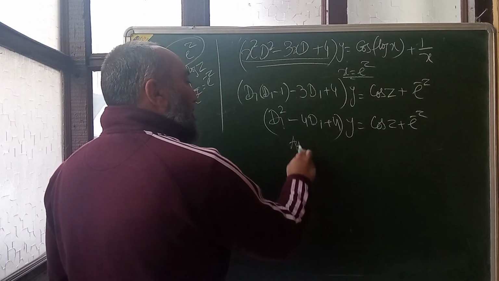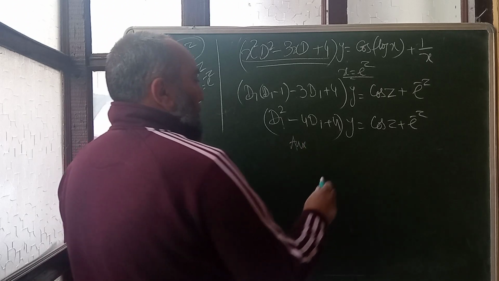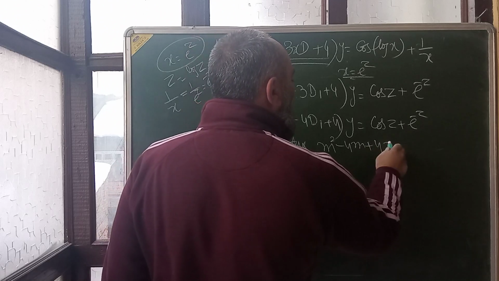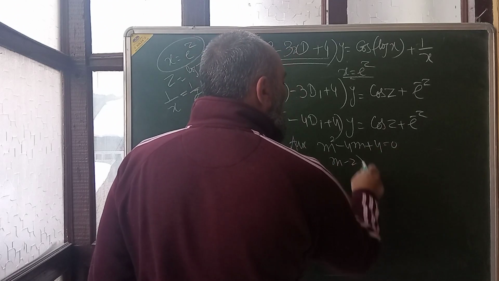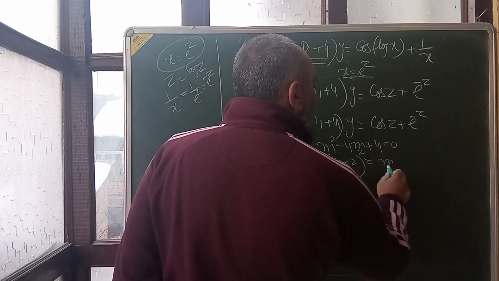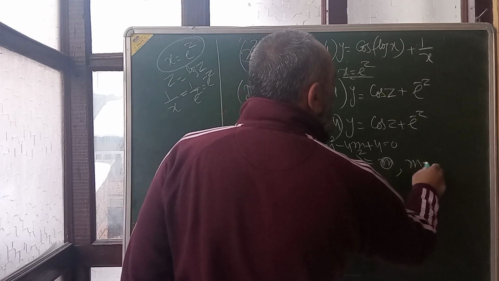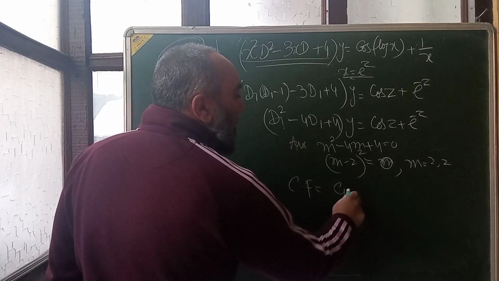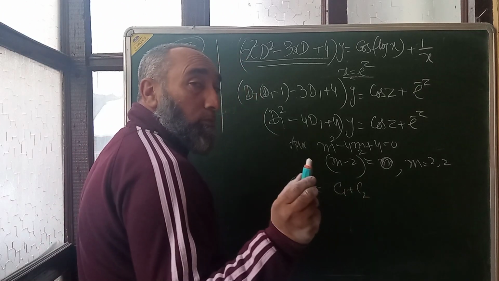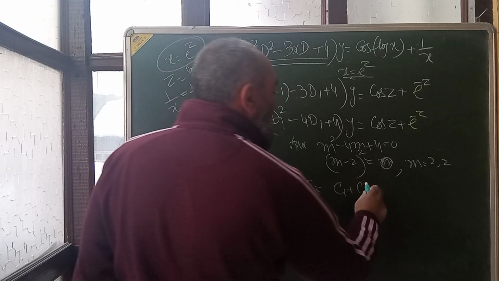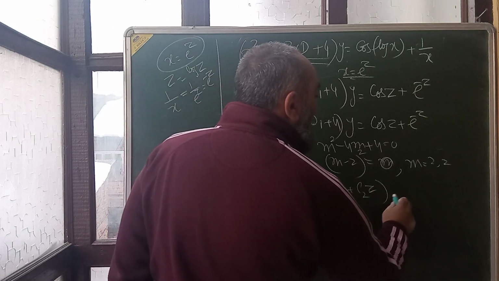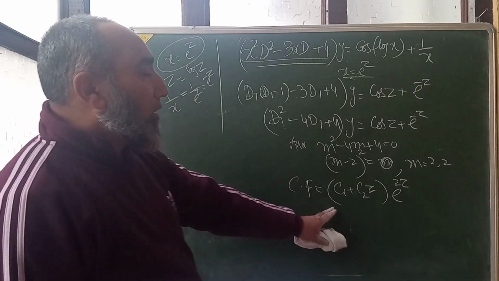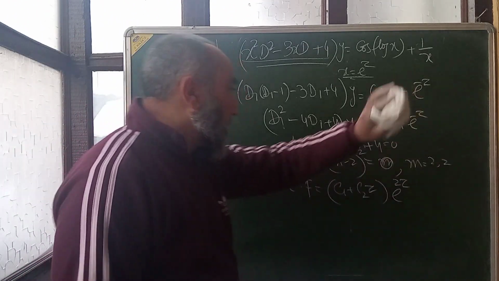Auxiliary equation is m square minus 4m plus 4 equals 0. (m minus 2) whole square equals 0. m equal to 2, 2. Complementary function is (C1 plus C2 z), not x, e to the power 2z.